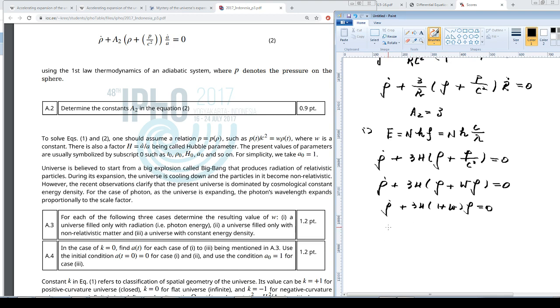So that's actually a general result. 3h1 plus w equals negative rho dot over rho.